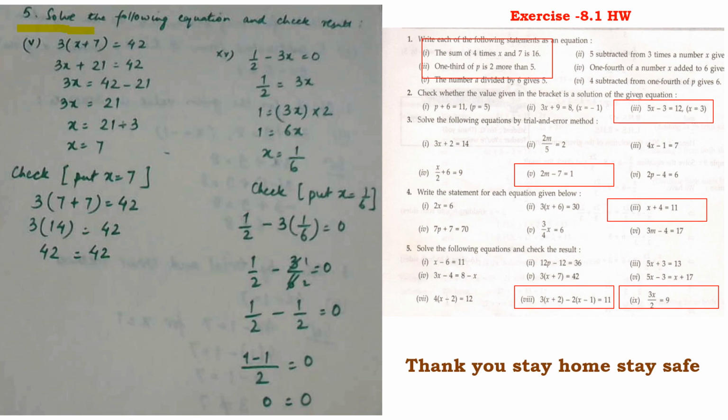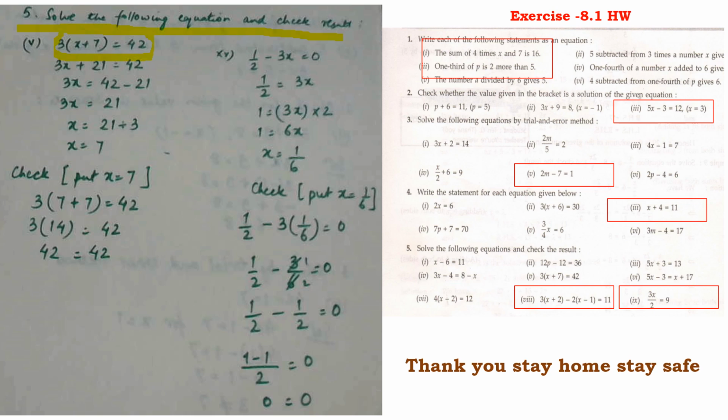Question number 5 says solve the following equation and check the result. So first you will find the value of x, then you will put the value of x in the given equation and see whether it is satisfying or not. Subpart 5th, I am doing: 3 in the bracket x plus 7 is 42.